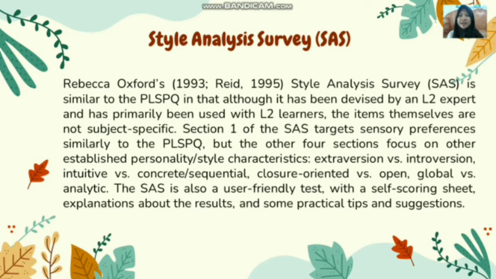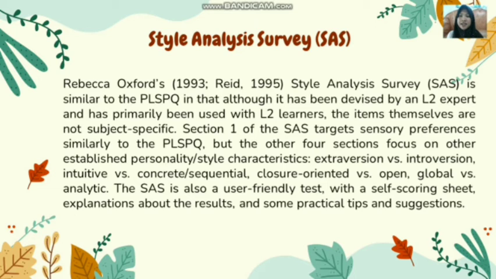Style Analysis Survey, SAS. Rebecca Oxford, 1993. The Style Analysis Survey is similar to the PLSPQ in that although it has been devised by an L2 expert and has primarily been used with L2 learners, the items themselves are not subject-specific.